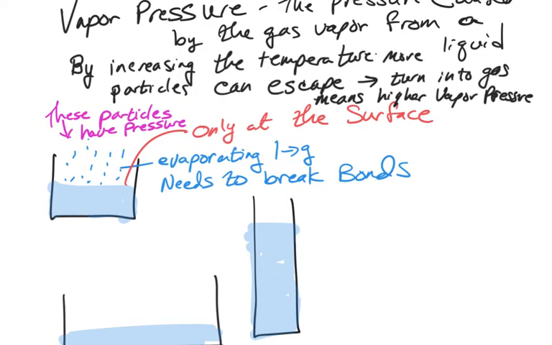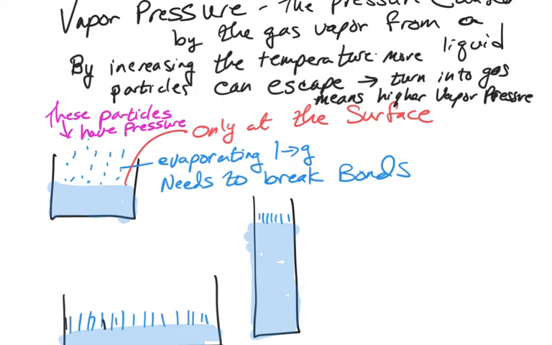So what we see is this one has lots of vapor pressure because it's all happening at the surface. This one has a number of particles coming off, right? If we were to look at this, though, in that same space, we might have the same number of particles.